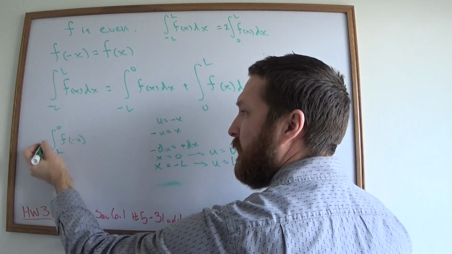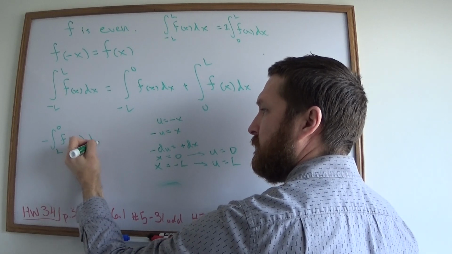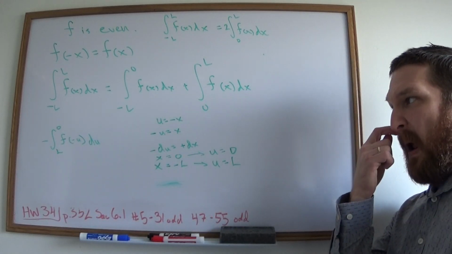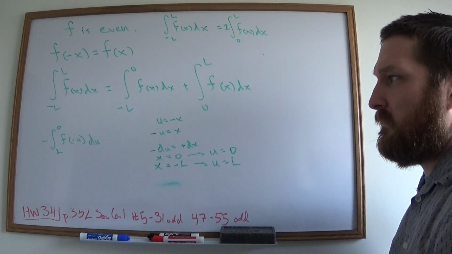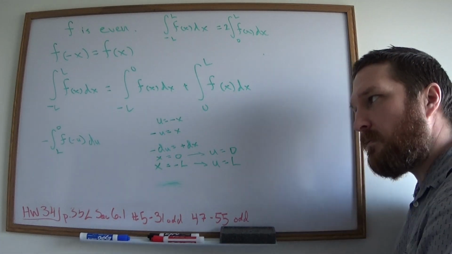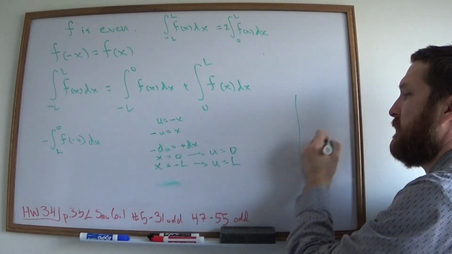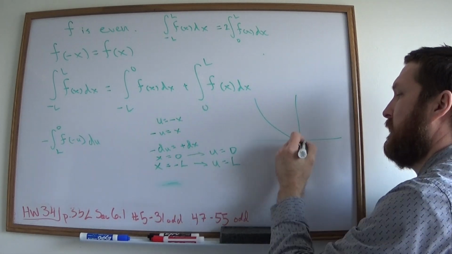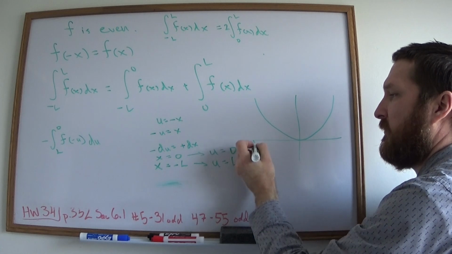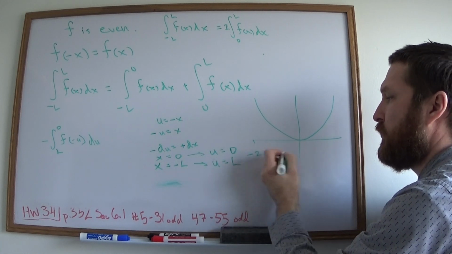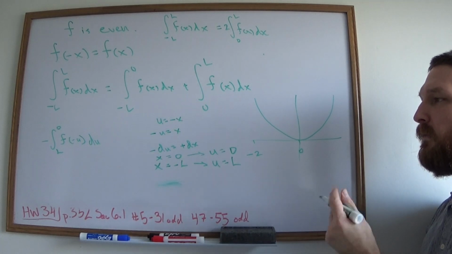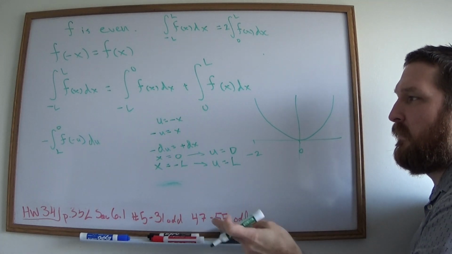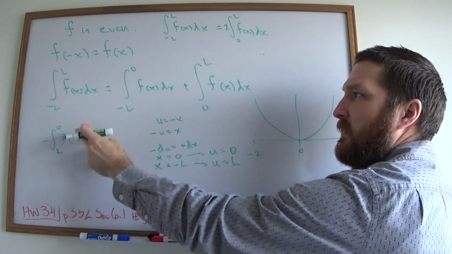So I'm going to pull the negative out front. Everybody buy that? That makes sense? And that kind of makes sense too if you think about, you have some even function like cosine, and you're integrating from negative 2 up to 0. Well, negative of it is the same thing as the positive of it.